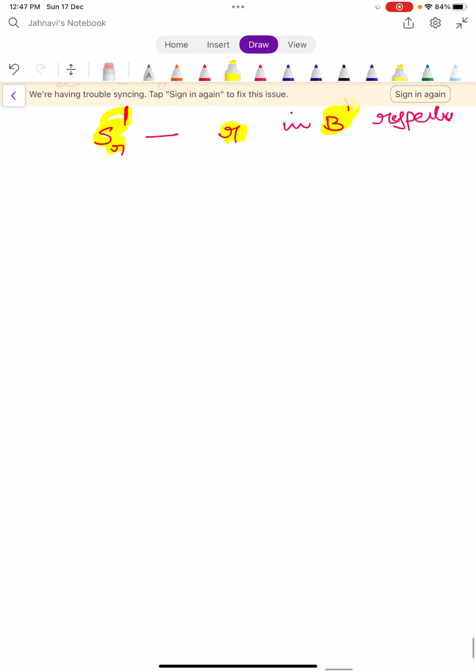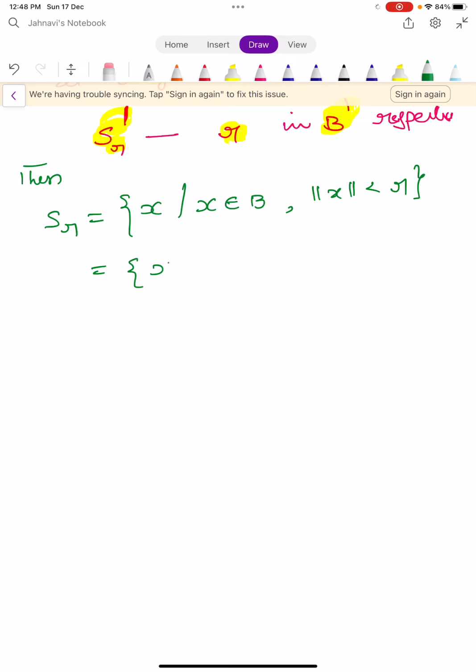Right. Now, what is SR? Let us write the definition of open sphere. X such that X belongs to B and norm X is less than small r, which is equal to X such that X belongs to B, norm X by R is less than 1.